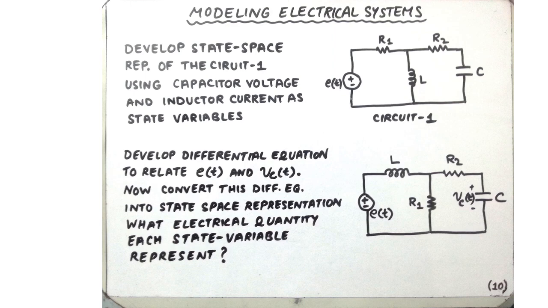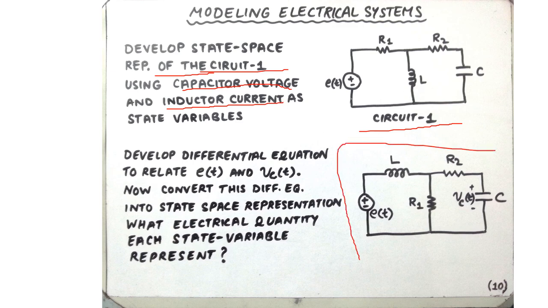Homework exercises. For the two circuits given here, for the first one, circuit 1, develop the state space representation using capacitor voltage as one of the state variables and inductor current as the other. The other circuit is a bit tricky, in which the position of the inductor has been slightly adjusted.